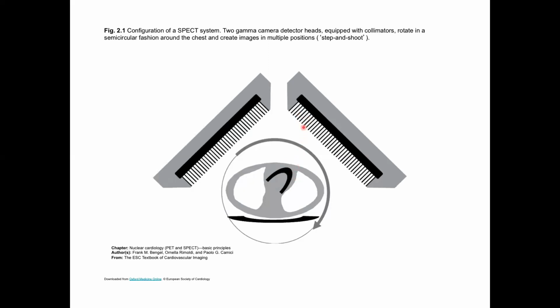If this wasn't here, it would just continue and light up the detector here, right? And you wouldn't know that it came from over here. With the septa, if you stand behind it and look through, only the stuff on this line is going to light up this detector. And so they're essentially parallel beam projections through the patient. And that's a key element for doing this type of imaging.